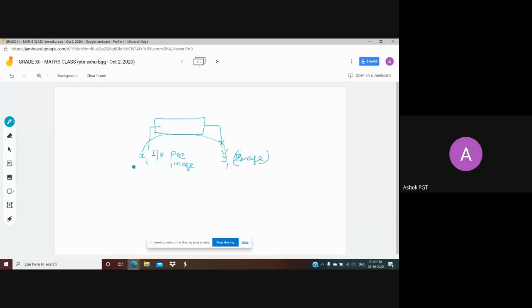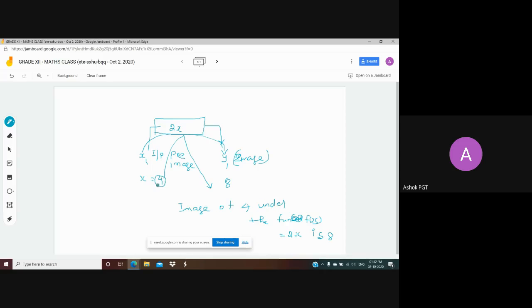For example, here the function is, let us say, 2x. We are giving x equal to 4 and we get 8 as an output. So what is the image of 4 under this function? The image of 4 under the function f of x equals 2x is 8.